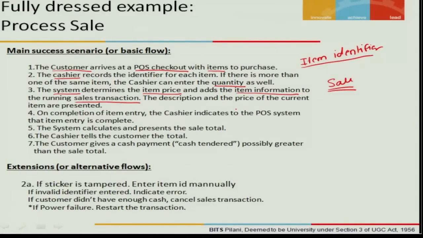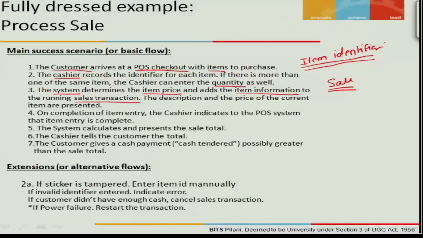Customer, yes, it is a domain concept. POS checkout, it is a domain concept. Item, it is a domain concept. Item identifier is the item ID. If as an analyst you understood the system in a detailed and correct way, you will realize that item identifier is not a separate domain concept, but an attribute of an existing domain concept, which is item.